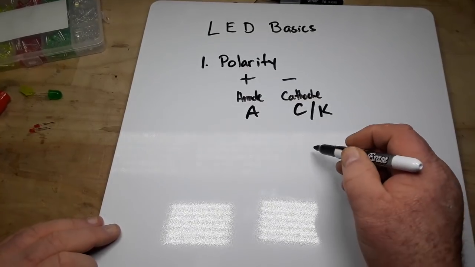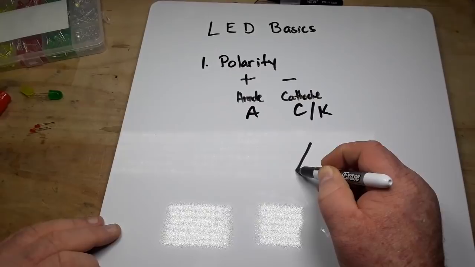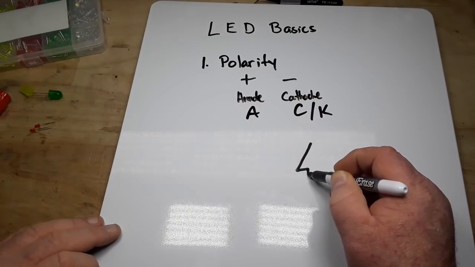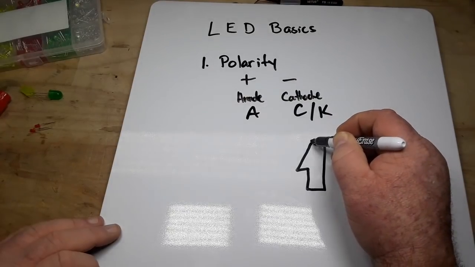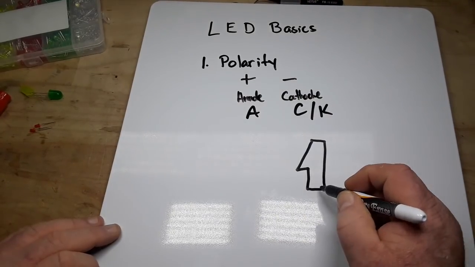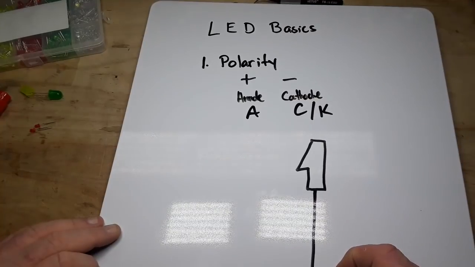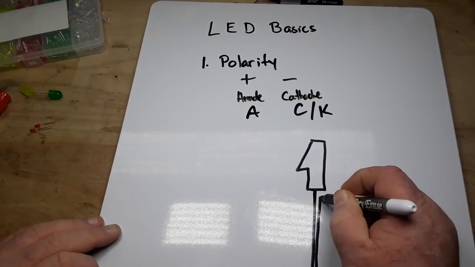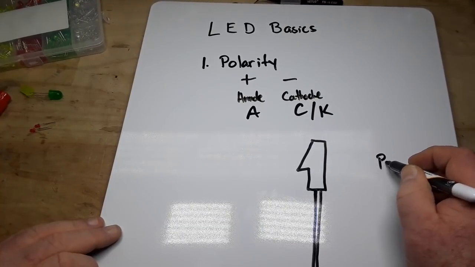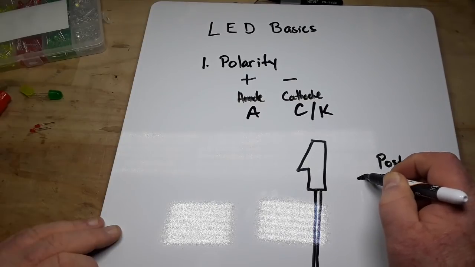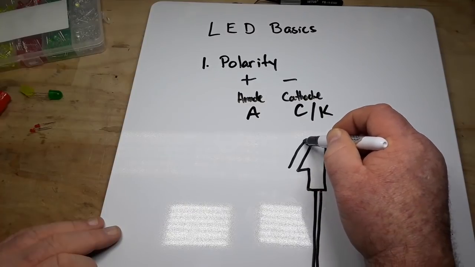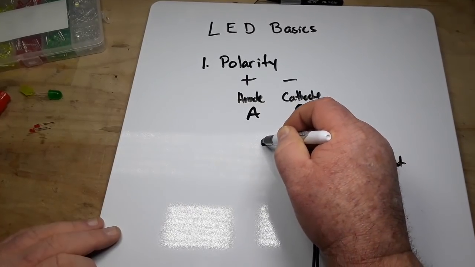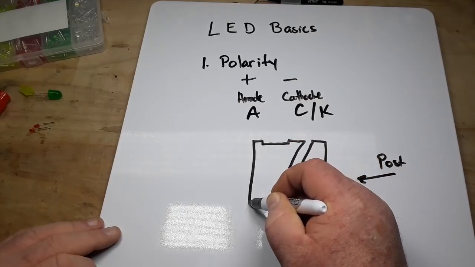So the inside of the LED consists of 2 parts. This first part is called the post. And there's this wire that exits out of the bottom of the LED. The second part is called the anvil.